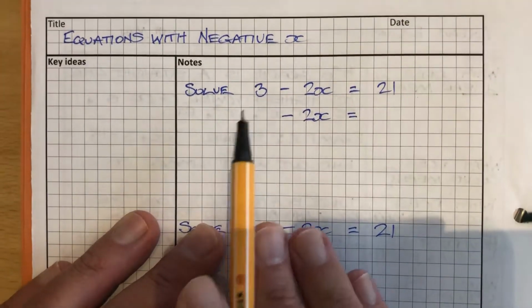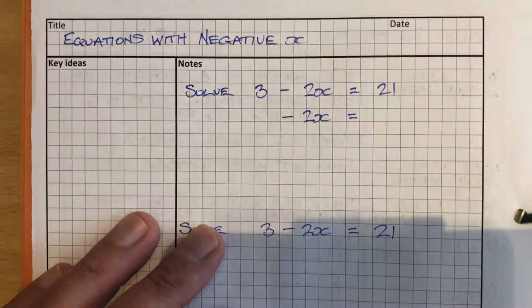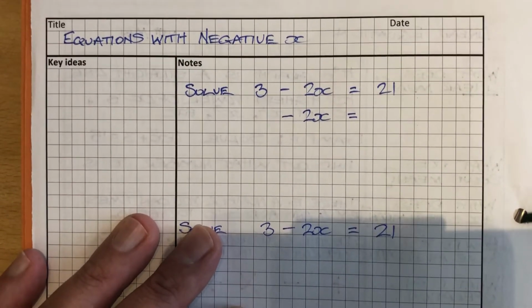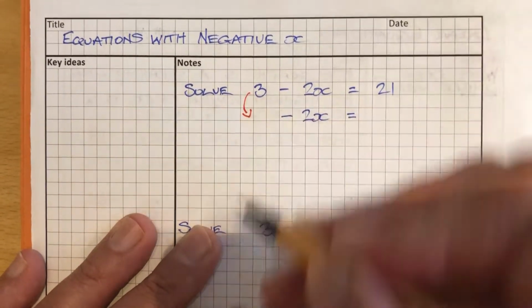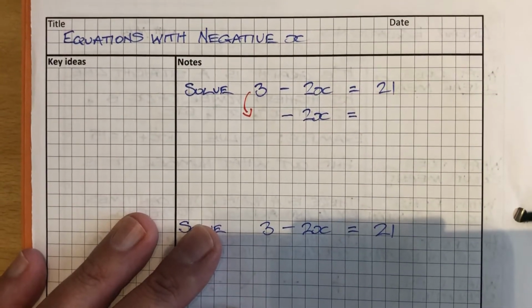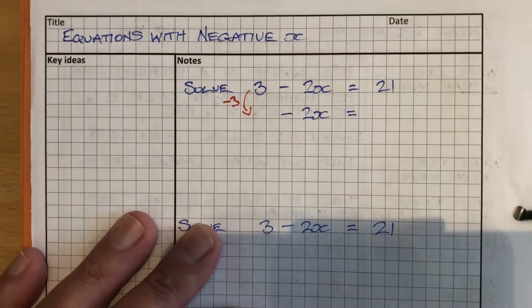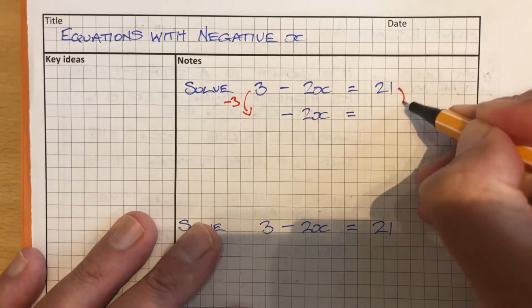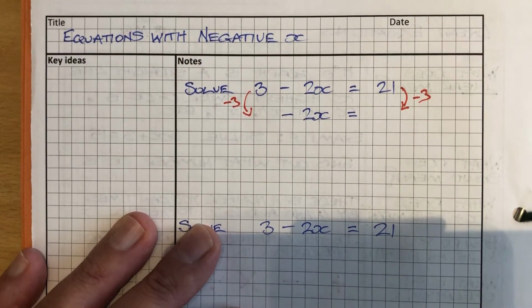This 3 is less tightly attached to x than this negative 2, so I'm going to get rid of that first. How do you get rid of 3? Well, by remembering that it's actually positive 3, add 3, so I'll do the inverse to add 3. I'll take away 3 from this side, and that means I will take away 3 from this side, and that gives me 18.